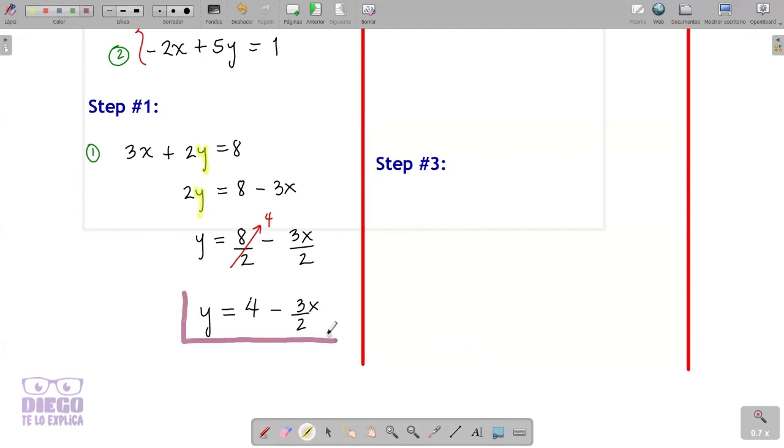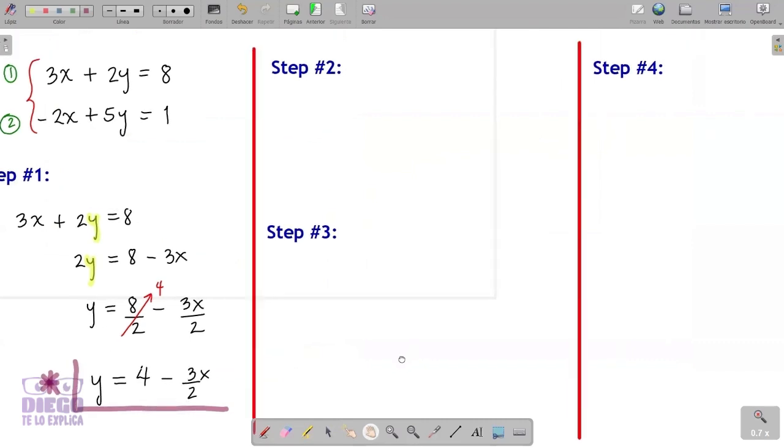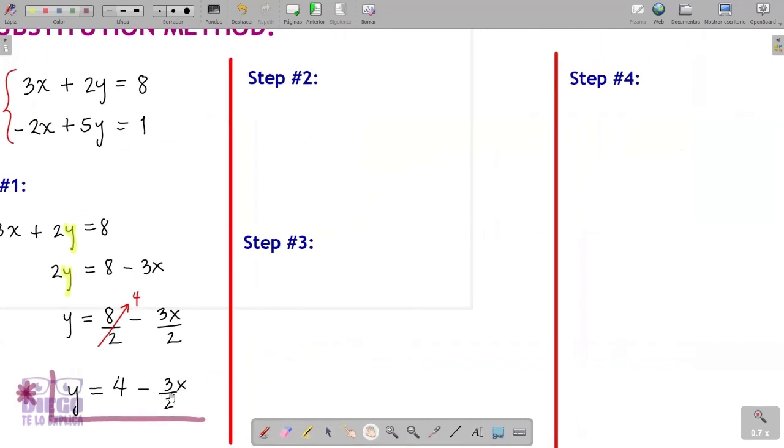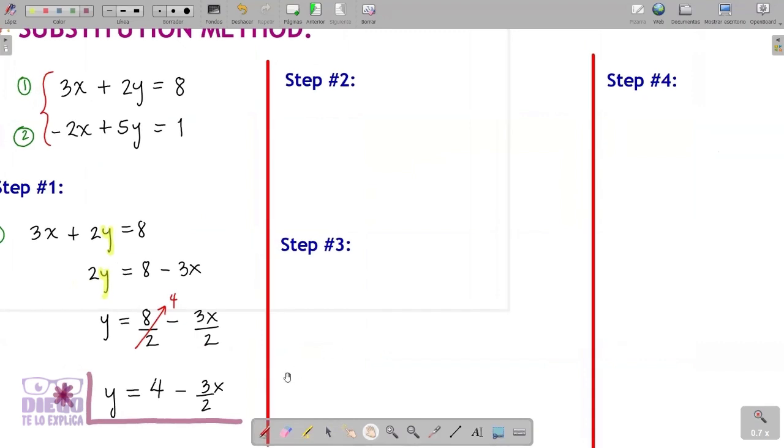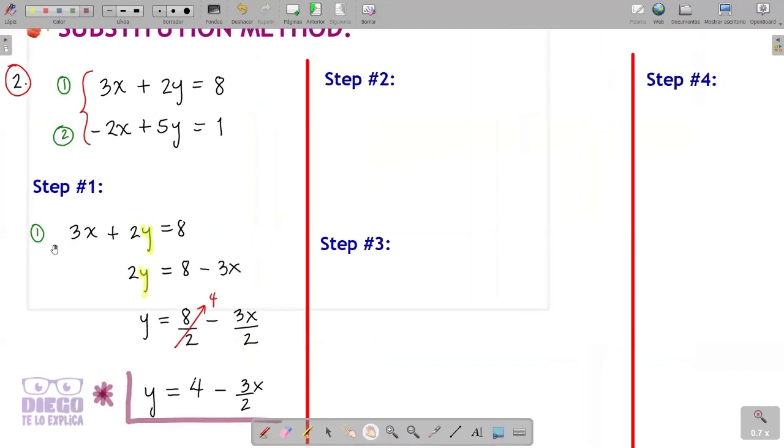Now, in step number 2, we are going to put that expression in the other equation, as I told you in example number 1. As we worked with equation number 1, now in step number 2, we're going to work with the other equation. In this case, equation number 2. So we have minus 2x plus 5y equals 1. Here, this is the part when we substitute the variable by its expression.